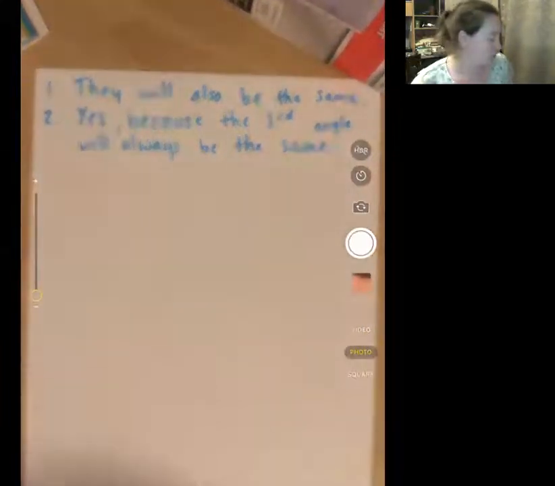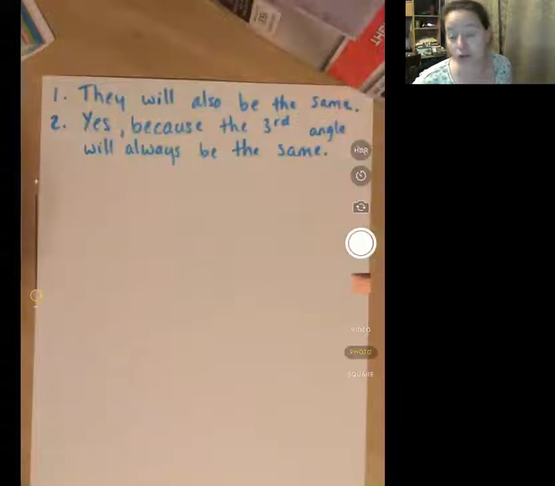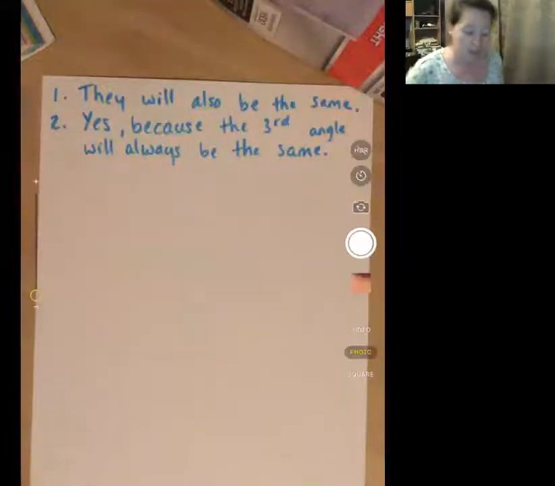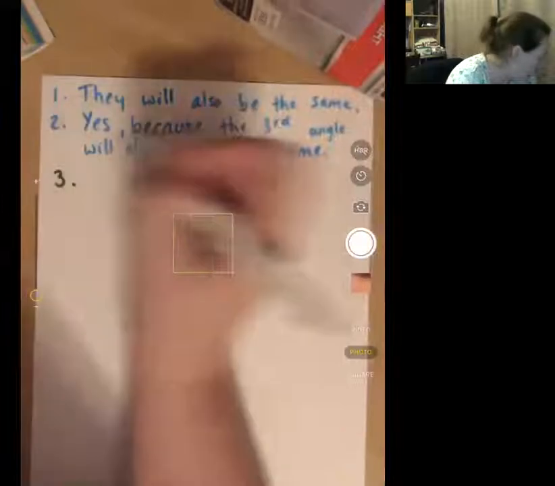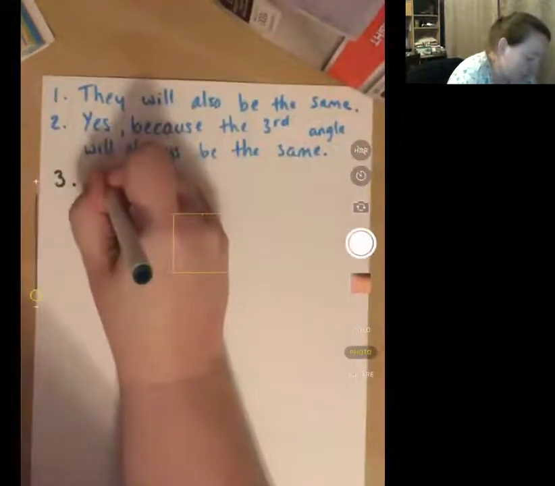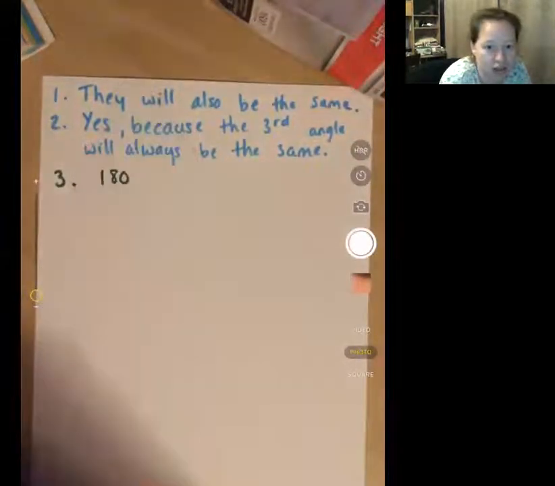They're showing, using the fact that we know that all 3 angles are equal to 180 degrees, how to determine whether or not the 2 triangles are similar to each other. So let's go down to the bottom and compare triangle NOP and triangle QRS and see if they're similar. What we need to do is determine what the last value is. So for number 3, I already know all together it is going to be 180 degrees.